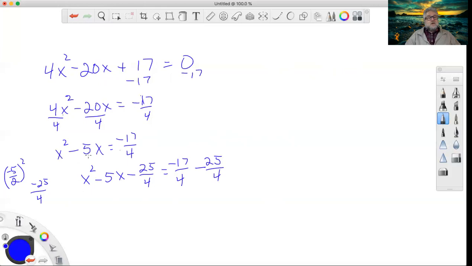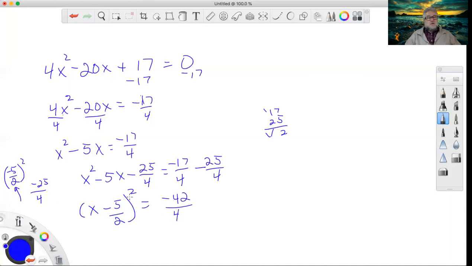So this thing is a perfect square because I forced it by doing the completing the square process. And I could write it as x, and you remember the thing we chopped in half? That's what goes in here. And minus 17 minus 25. What's 17 plus 25? So that'd be 2, carry the 1, so that's a minus 42.